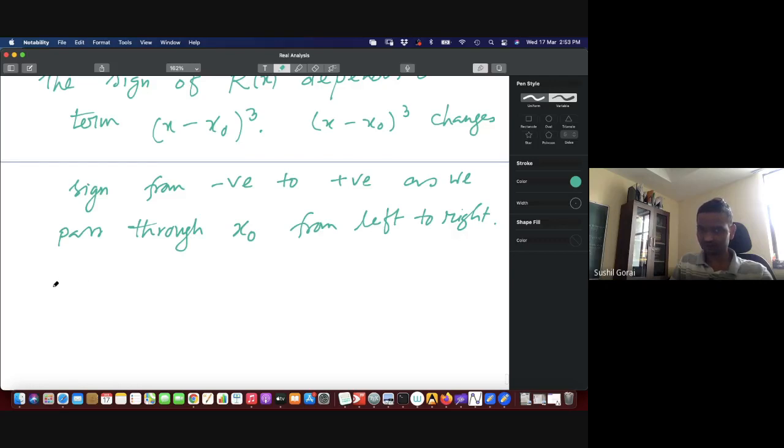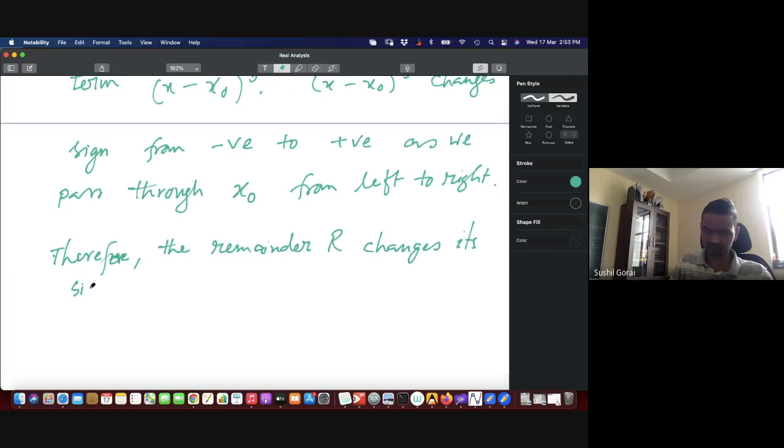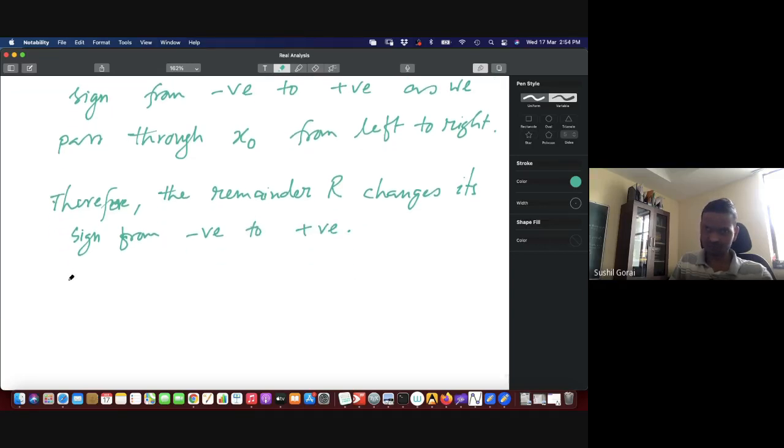So therefore, the remainder changes its sign, which means from negative to positive.